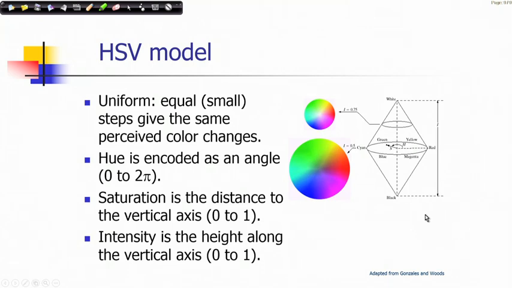The implication is that the HSV model is uniform, that is, equal steps give the same perceived color changes. So, it has that uniform representation of non-distinguishable colors, neighboring colors that are non-distinguishable, and that shape is quite uniform. It is a 3-dimensional representation, like a circular ball around a point.